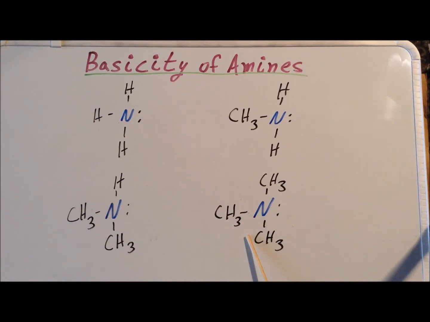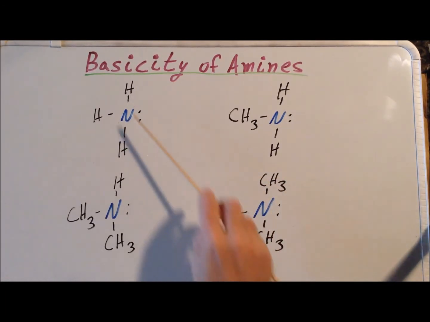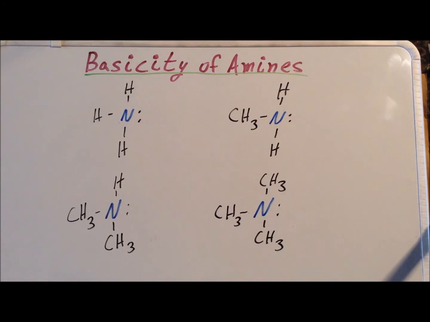So we get that trimethylamine is the strongest base in the gas phase, followed by dimethylamine, followed by methylamine, followed by ammonia. But in actual solution, in aqueous solution, this is not true. Surprisingly, it is a far weaker base than ammonia is in aqueous solution. And we'll try to show why that is so.